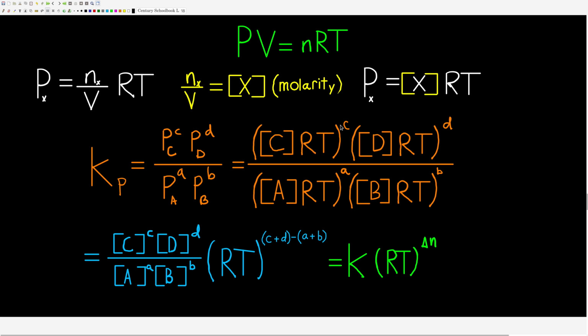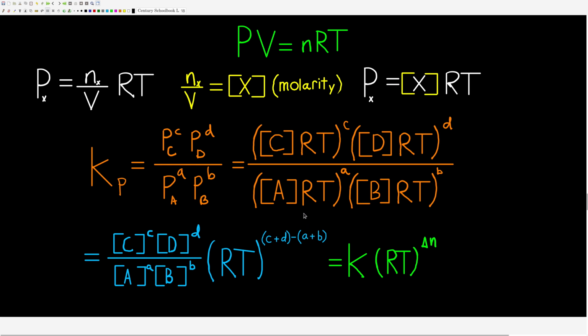This is RT to the C plus D on top. This is RT to the A plus B on the bottom. Because this is the bottom, we can write this whole thing as the concentrations raised to the power of their coefficients times RT to the C plus D minus A plus B, which is what we just saw. This is K, times RT to the delta N. This is delta N. So that's why that is true.